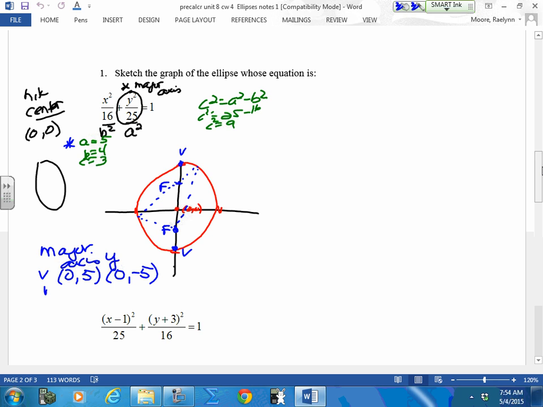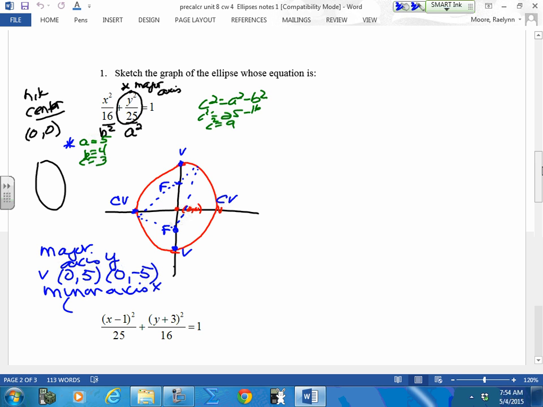Okay. Your minor axis is the x-axis, and these are called co-vertices. Kind of like a pilot and a co-pilot. The pilot's the main guy, the co-pilot, not that he's a minor person, but that's the minor part.